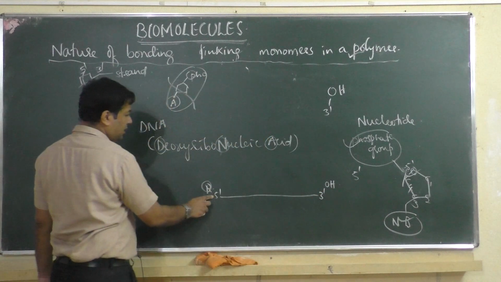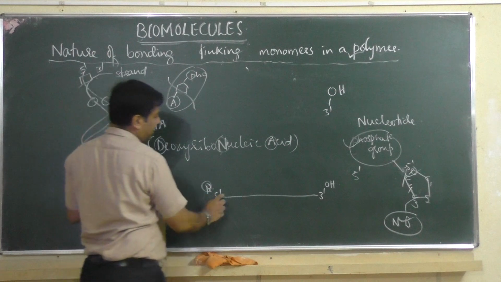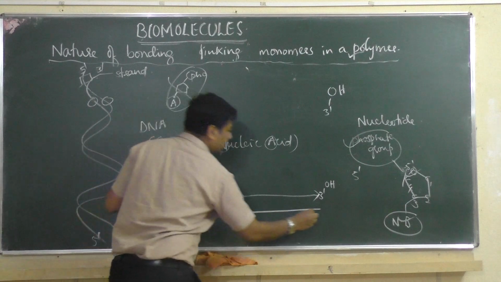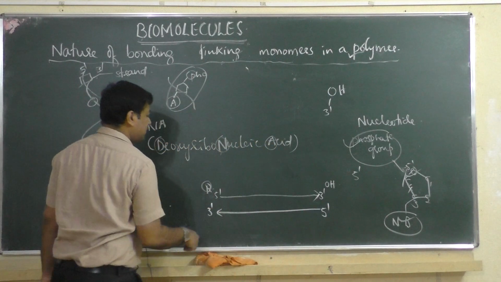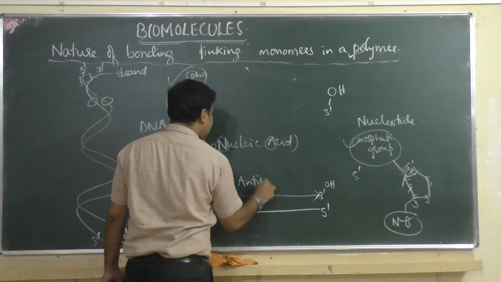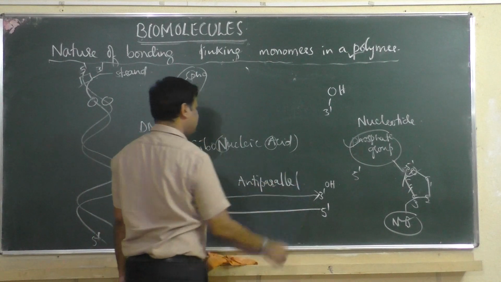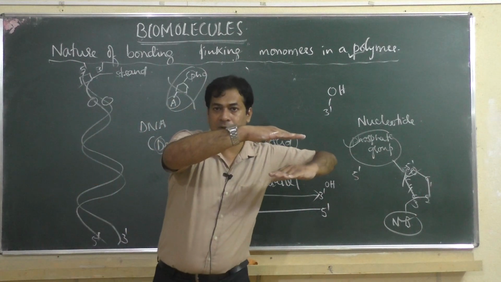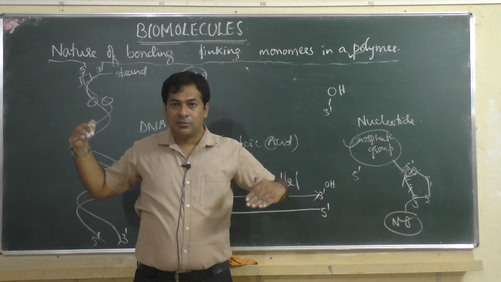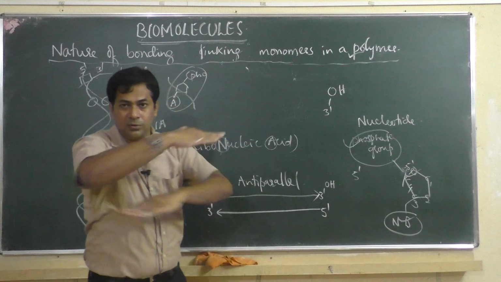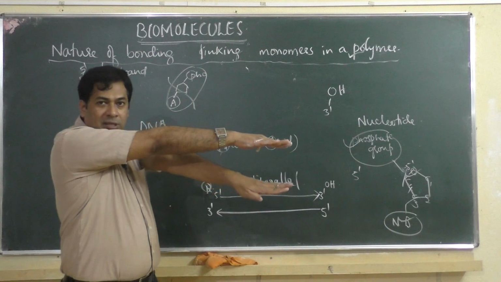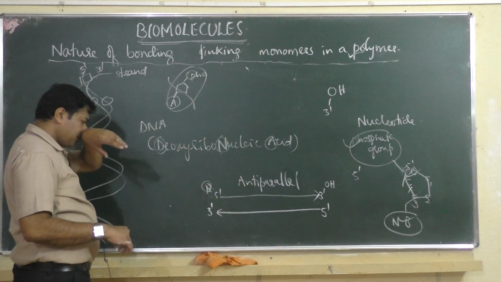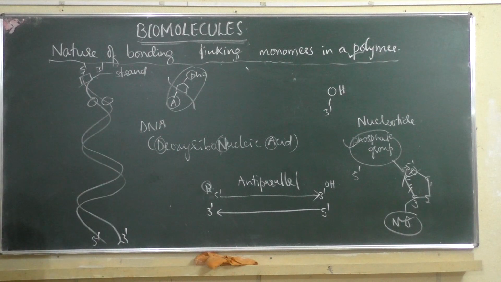So that's why we say one strand of DNA has 5' to 3' direction, and the other strand will have the opposite direction, that is 3' to 5' direction. This is what we call running anti-parallelly. Like one strand goes from 5' to 3', the other goes from 3' to 5'. If both run together, it is parallel. If they run in opposite directions, then it is anti-parallel. You see there, that is what they are talking about in a DNA.